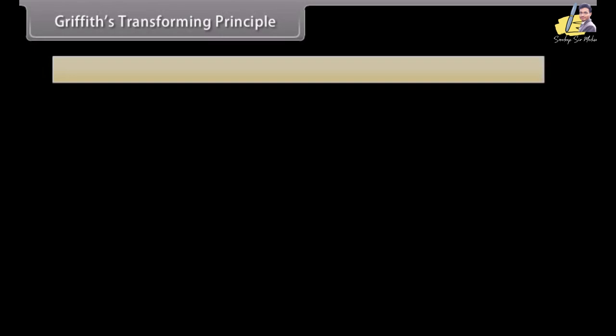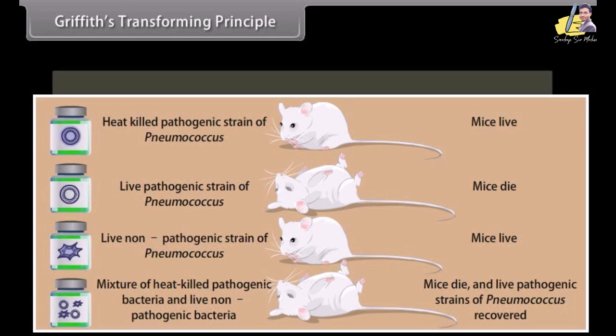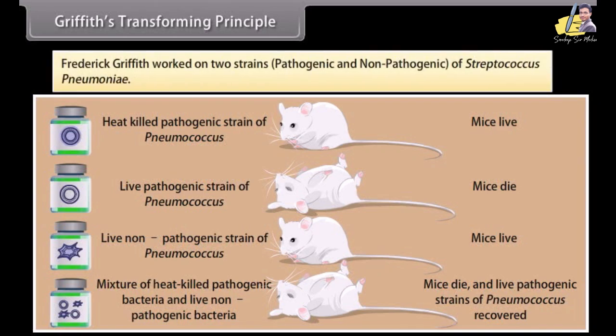Griffith's transforming principle. The discovery of the genetic role of DNA began with research by Frederick Griffith in 1928. Frederick Griffith worked on two strains, pathogenic and non-pathogenic, of Streptococcus pneumoniae.